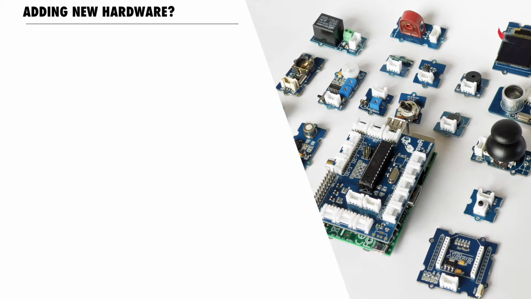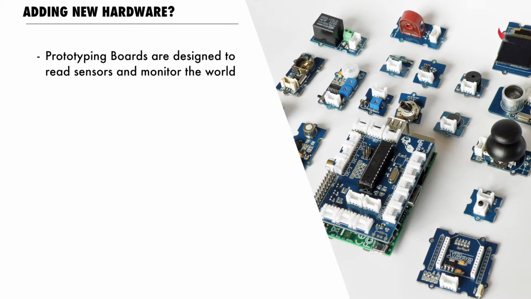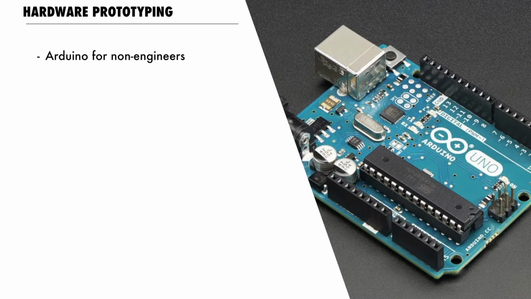For that we need to be able to work with electronic components. So prototyping boards are designed to read sensors and monitor the world. The board is actually what helps you communicate with and handle these electronic components. The most popular prototyping board is the Arduino, and this is what actually started the revolution.